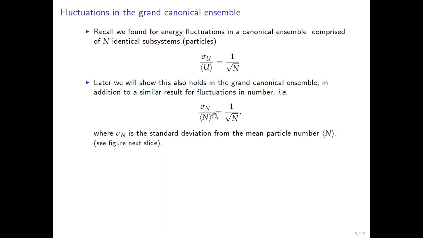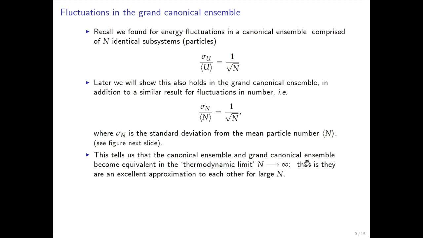That is, the standard deviation of the fluctuation in number divided by the mean number is 1 over root n as well. Again, sigma sub n is the standard deviation from the mean particle number, bracket large n.